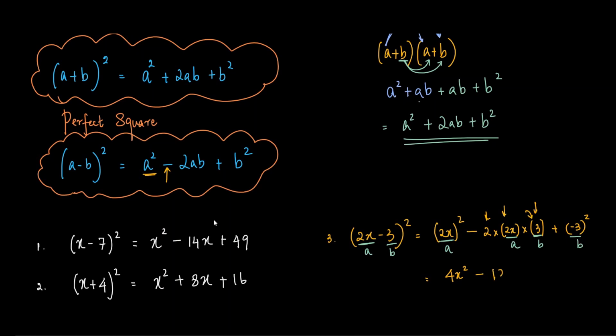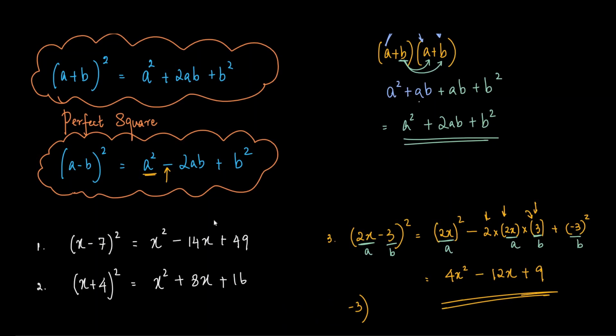So that's 12x. Plus minus 3 squared is 9. So the answer is 4x squared minus 12x plus 9. And if you want to verify, you can expand them the usual way, which is 2x minus 3 times 2x minus 3, using the usual binomial expansion method, and see if you've got the right answer.